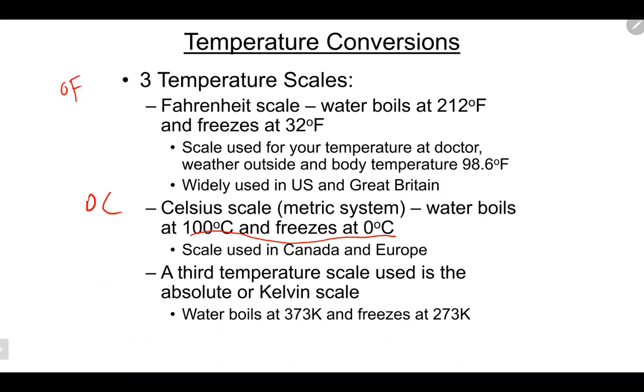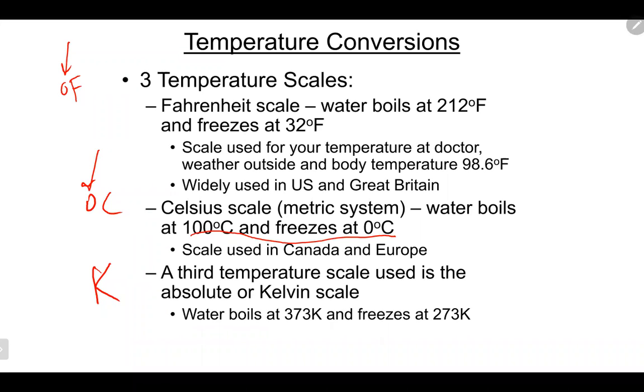Water boils at 373 Kelvin and freezes at 273 Kelvin. A major difference is how we write Kelvin. It is just K. There is no degree written with Kelvin, so it's not degrees Kelvin. It is just Kelvin by itself.